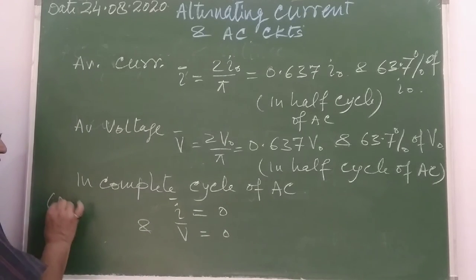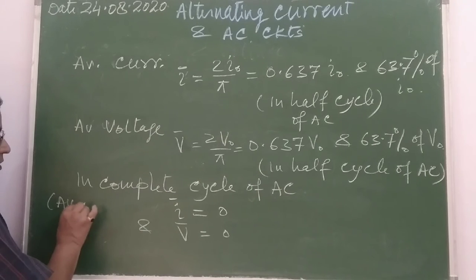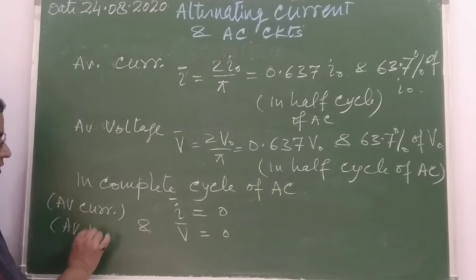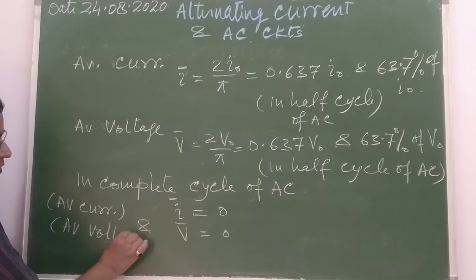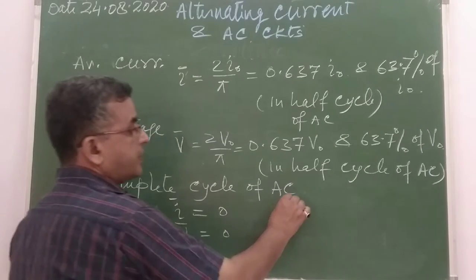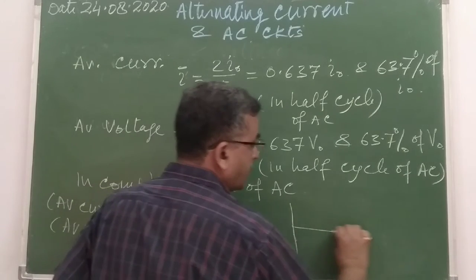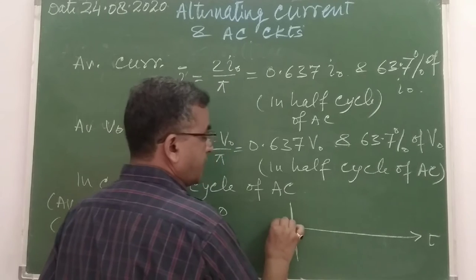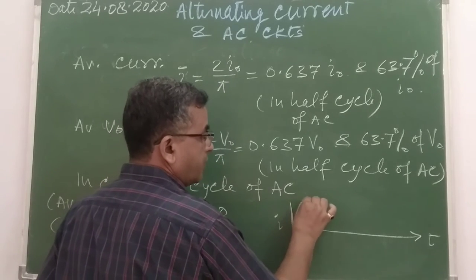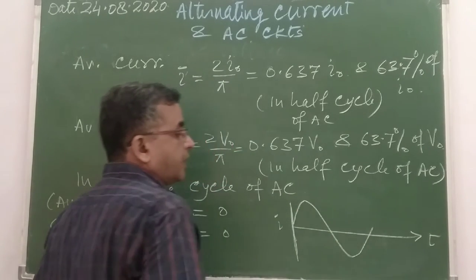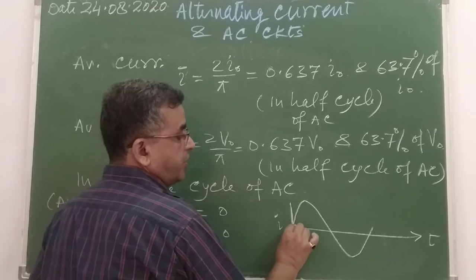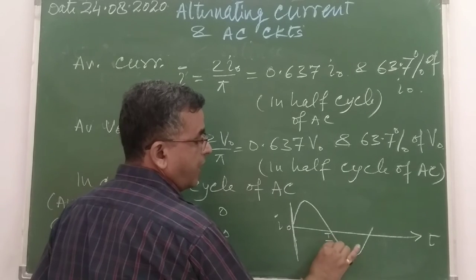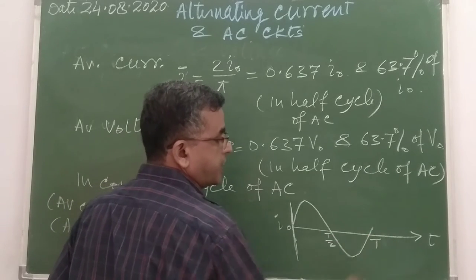These are the average values of current and voltage. The meaning is this: this is the time axis, and suppose this is current. This is the half cycle, starting from 0. The time taken to complete a half cycle is T by 2, and this is T.